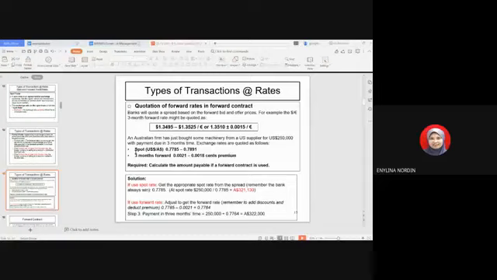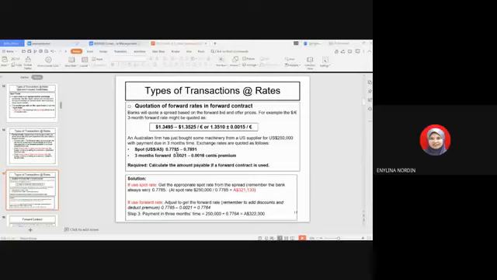If the Australian firm enters into the forward contract, let's say it uses this forward rate, the 3 months forward exchange rate against Aussie dollar has a premium of 0.0021 to 0.0018 cents.